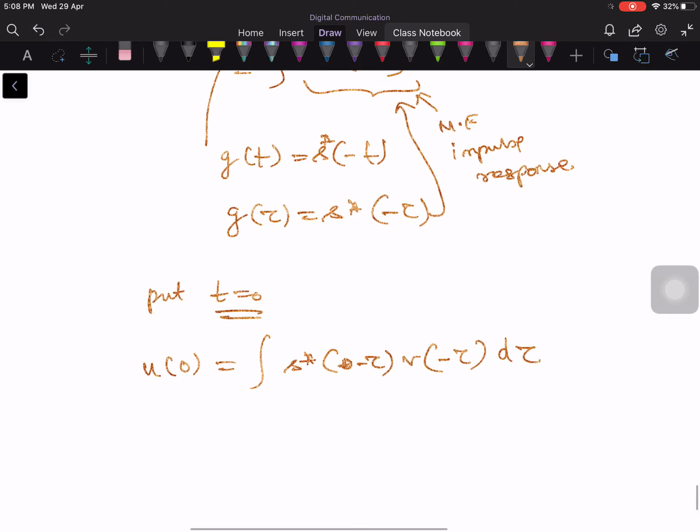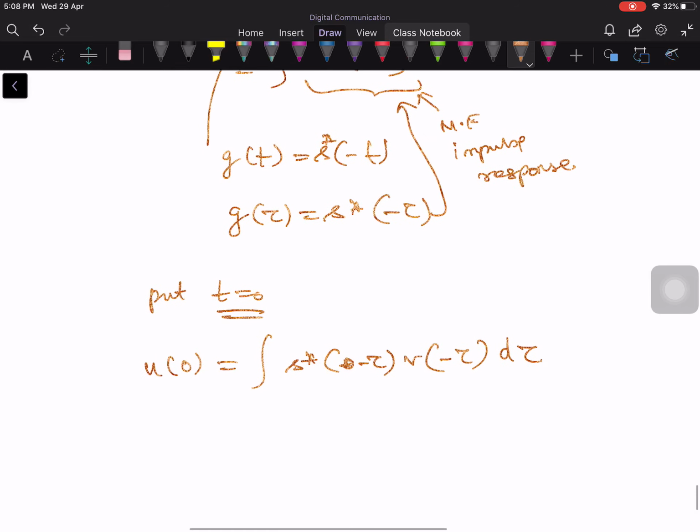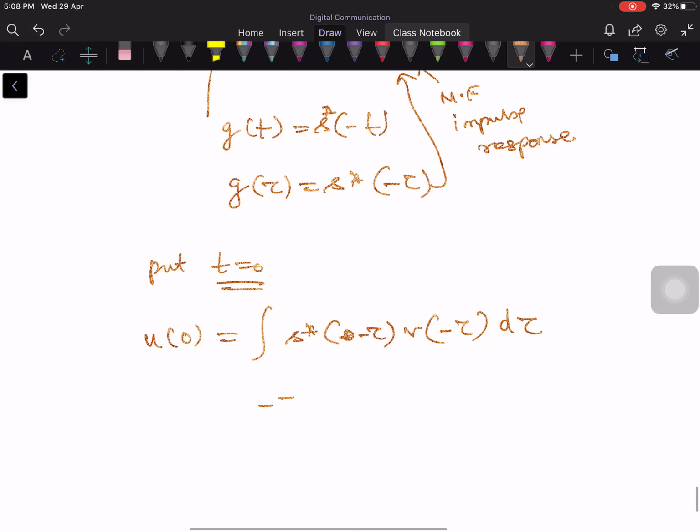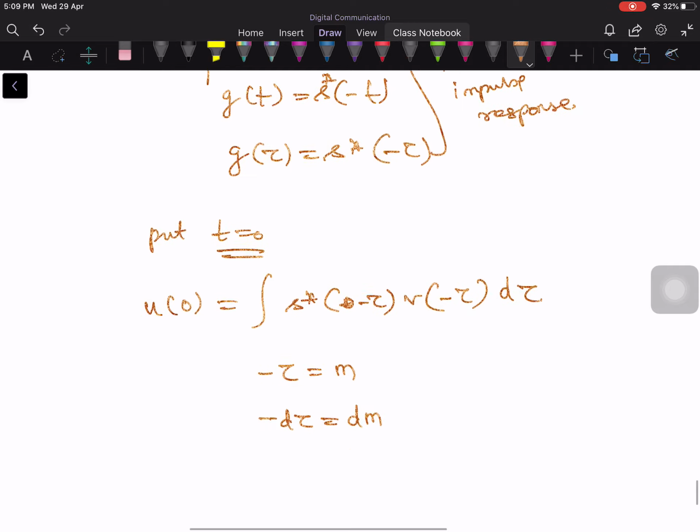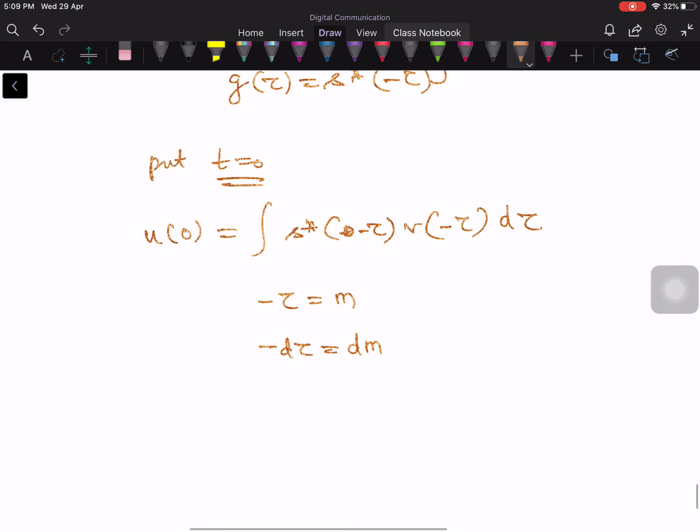Now you change the variables in this integral. Let me put minus tau equal to m, minus d tau equal to dm. Then the limit is from minus infinity to plus infinity.